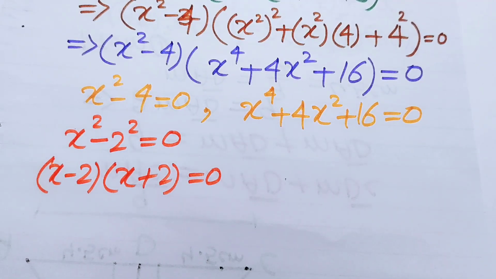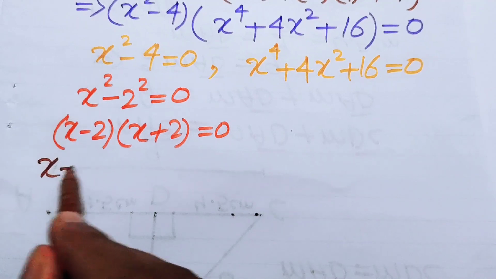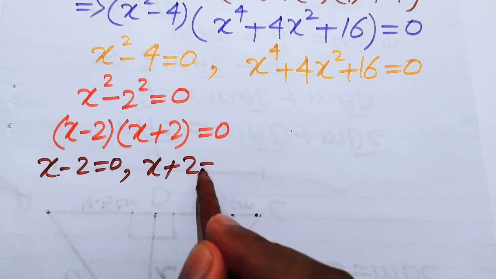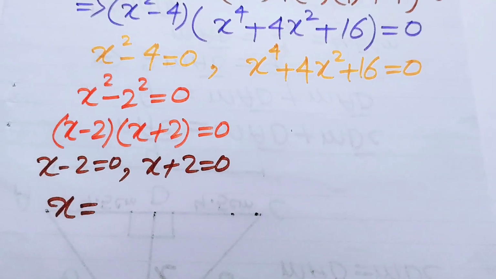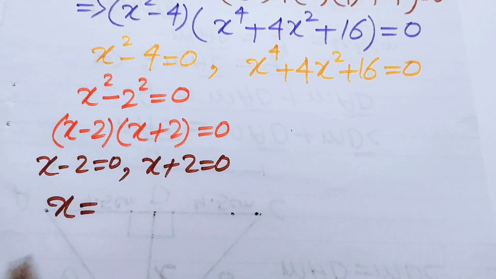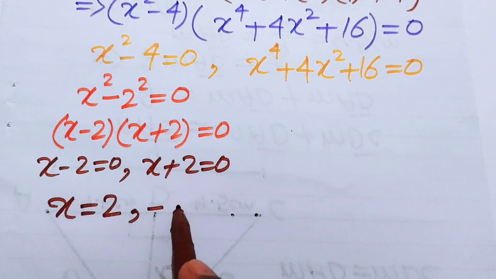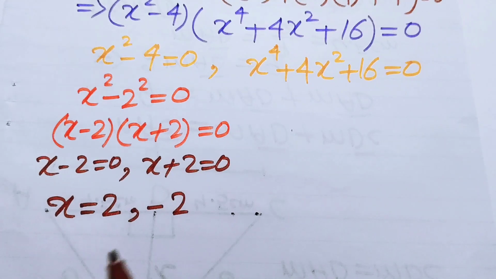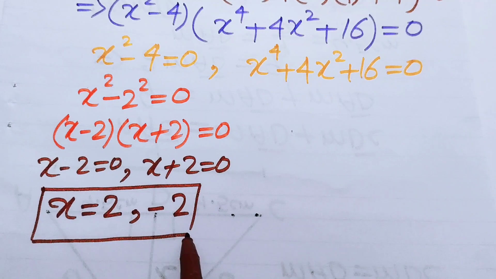Here we again get two cases: x minus 2 equals 0, and x plus 2 equals 0. So we get the first two real roots of the given equation: x equals 2 and x equals minus 2.